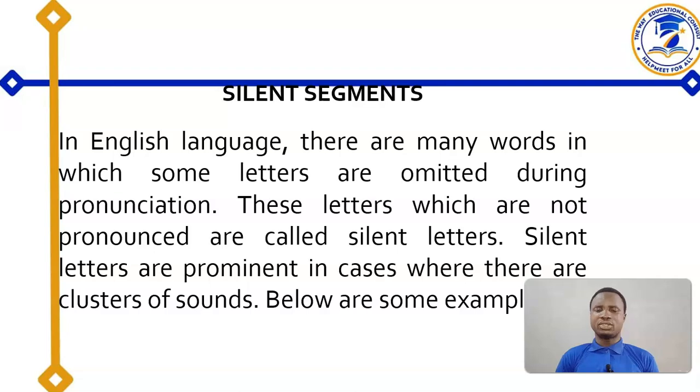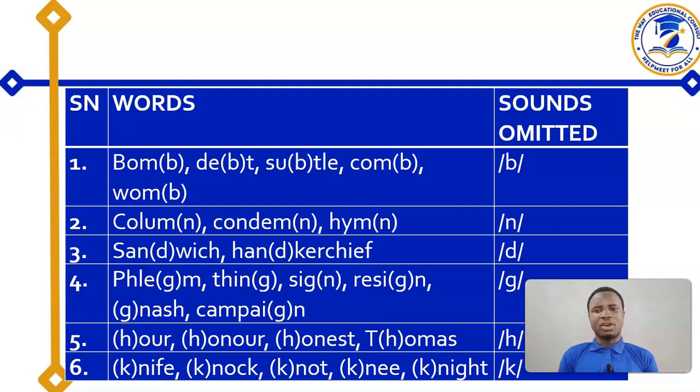These letters which are not pronounced are called silent letters. They are prominent in cases where there are clusters of sounds, whereby you have two or three letters, and then maybe the two or three are pronounced as one. So you have silent letters there, and the letters become redundant.